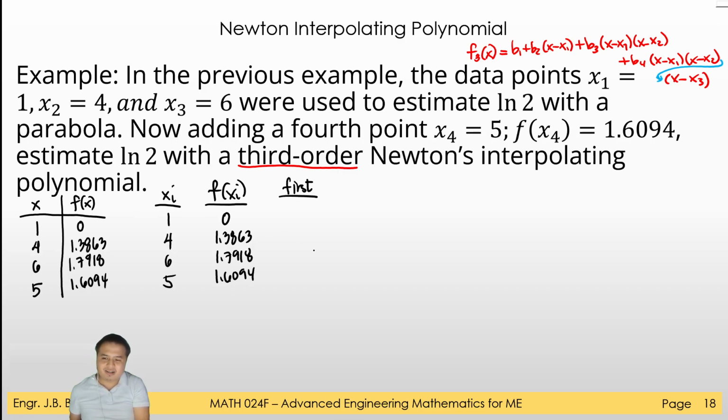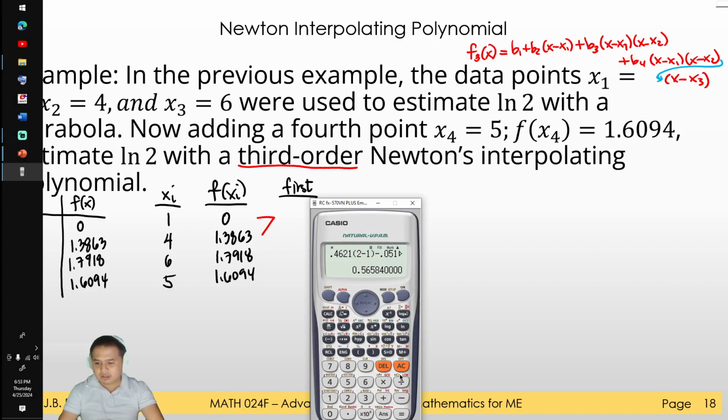The first divided difference is just the linear interpolation of this. How do we do the linear interpolation? We have the difference in f over the difference in x.